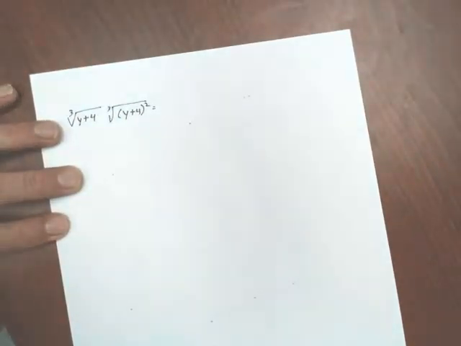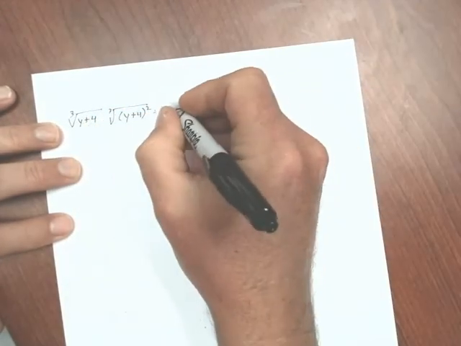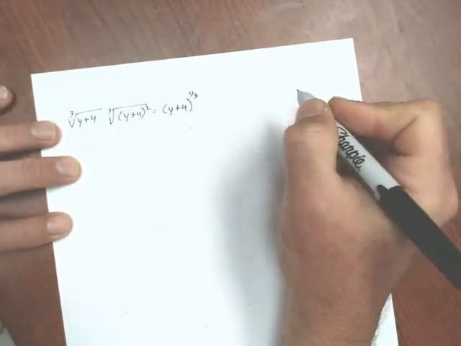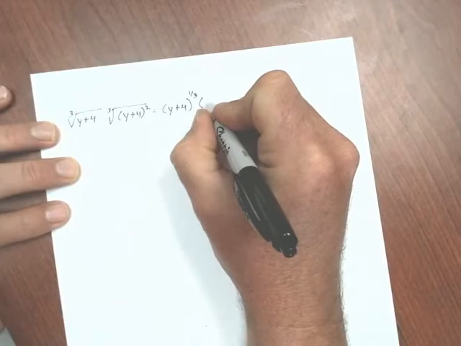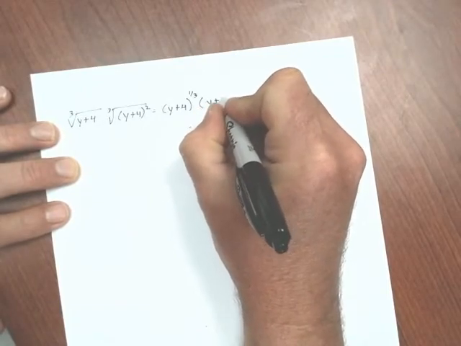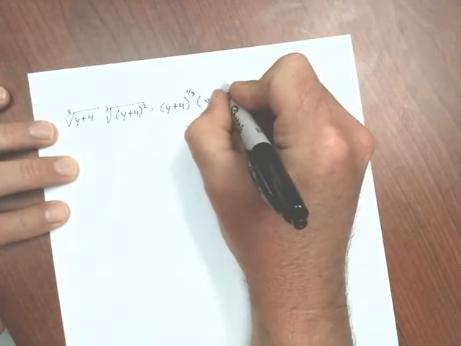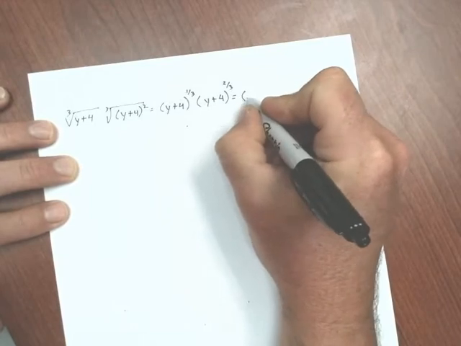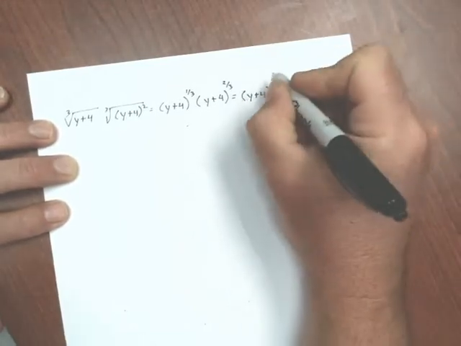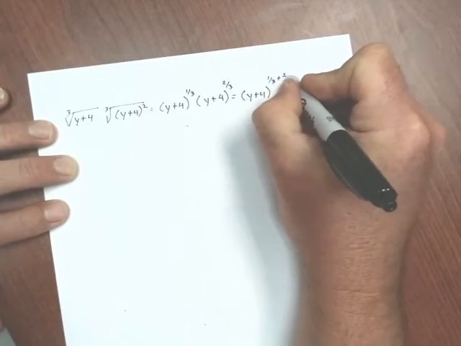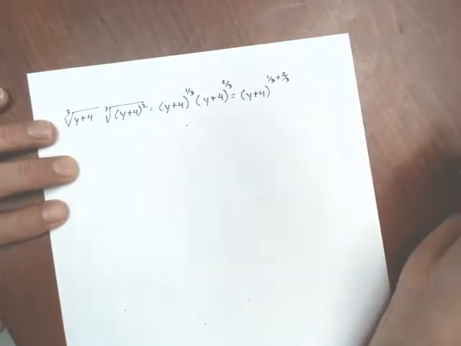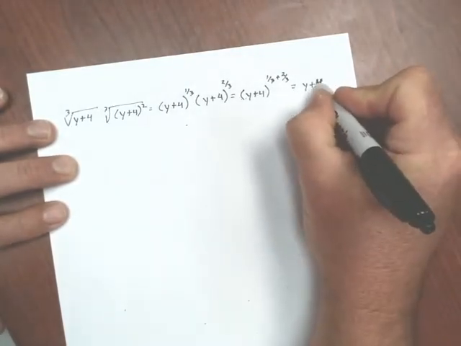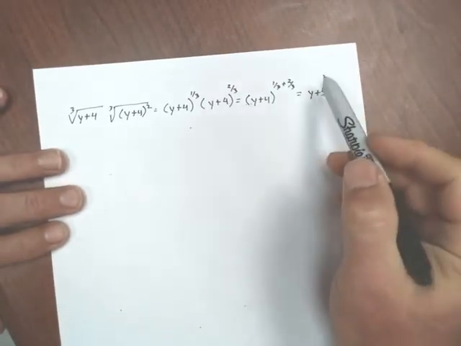Well, rewriting this and using the rules of exponents, we get y plus 4 to the 1/3 times y plus 4 to the 2/3. That equals y plus 4 to the 1/3 plus 2/3, and of course 1/3 plus 2/3 equals 1, so that equals y plus 4.